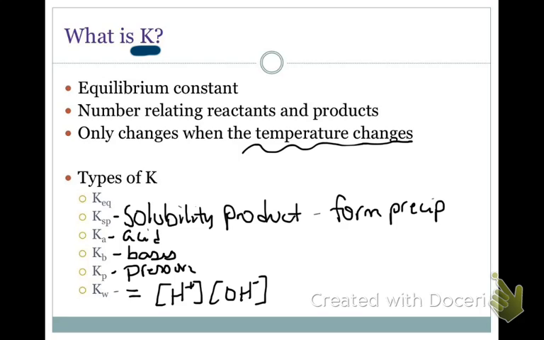We dealt with the concentration for the product of H plus and OH minus, and that's equal to a constant. It's 1.0 times 10 to the negative 14th molar. That's just a throwback from before. But if you see the Kw, it really represents that 1.0 times 10 to the negative 14th, and it's dealing with water breaking down into H plus and OH minus.